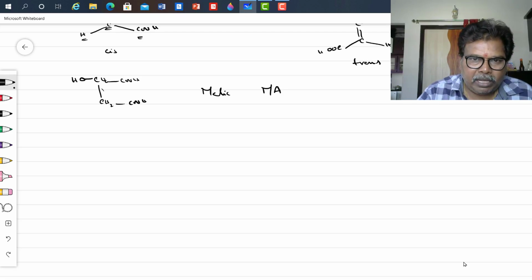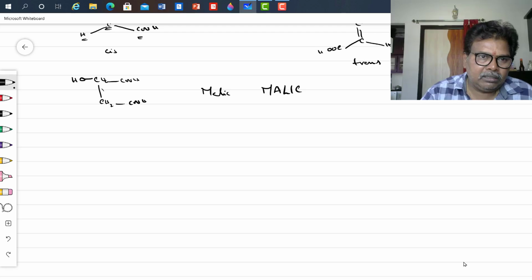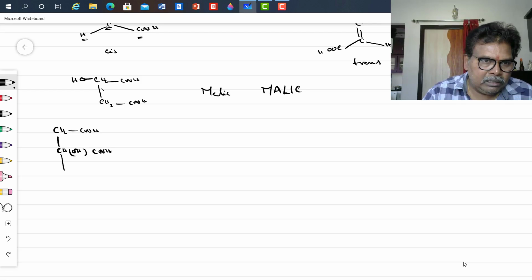MALIC, remember, malic acid. CH2COOH, CHOH, COOH. Is this a chiral carbon? No, this is not a chiral carbon, because this is again CH2COOH. So there is no chiral carbon in this.